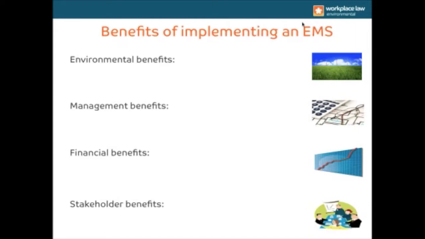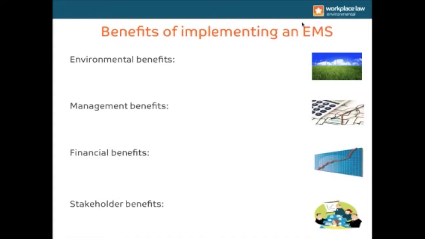Financial benefits, manifold, utility savings, savings on buying resources, saving on landfill fees, saving on fines, saving on regulatory costs. Stakeholder benefits. Now these are often one of the most significant motivators to an organisation having an environmental management system.